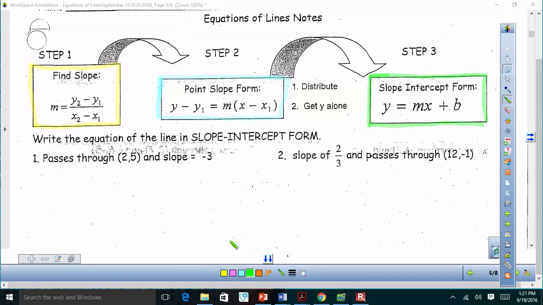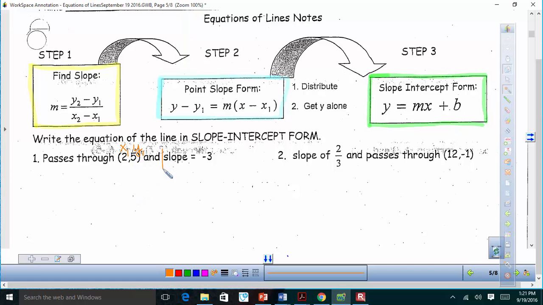Okay? All right, so let's look at number 1. In number 1, they want us to write an equation in slope-intercept form that passes through the point 2, 5. Okay? So I'm going to go ahead and label 2 and 5. I know this is my x, this is my y. It's the first set of points they gave me, so I'm going to put x1, y1.